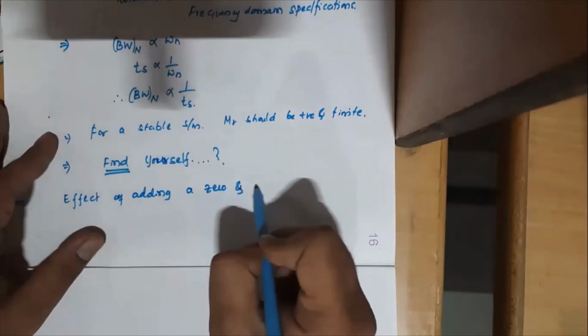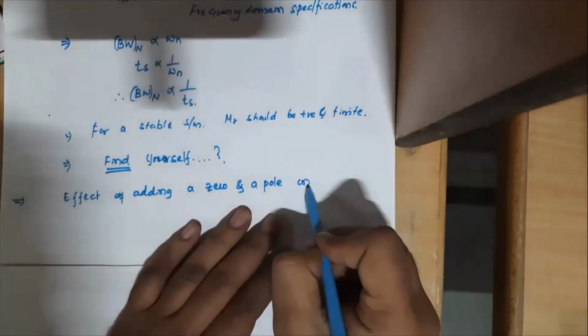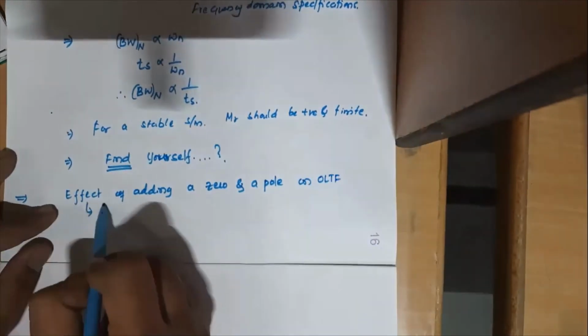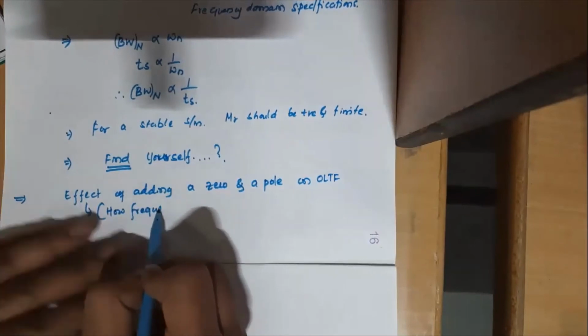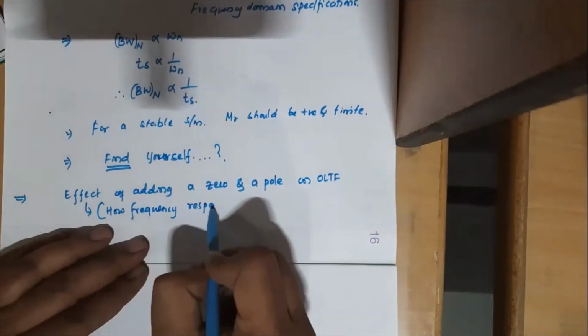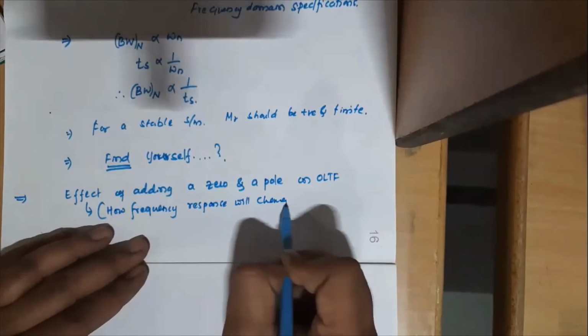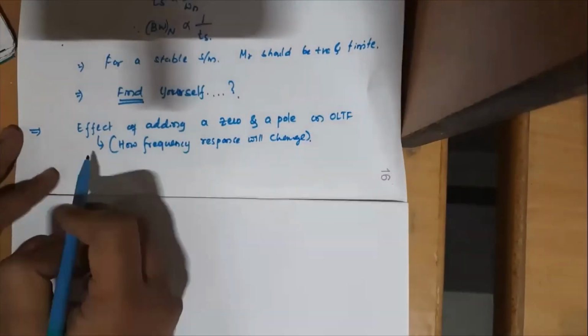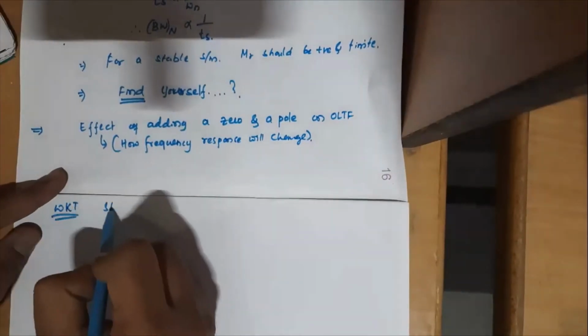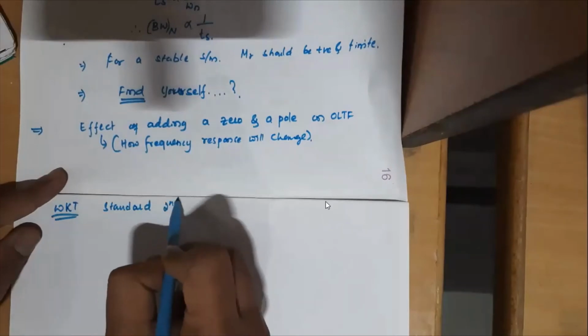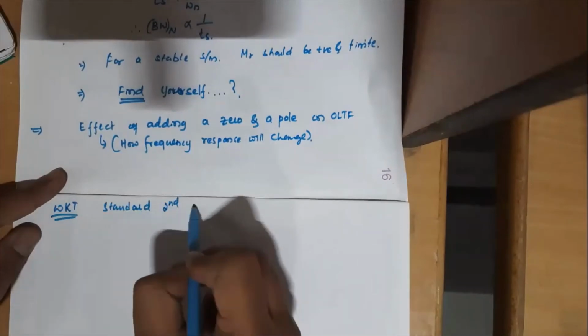Next is again a simple topic, effect of adding a zero and a pole on the open loop transfer function. How the frequency response will get changed. This is an additional topic for the purpose of having some knowledge. I'm going to give only the key points.